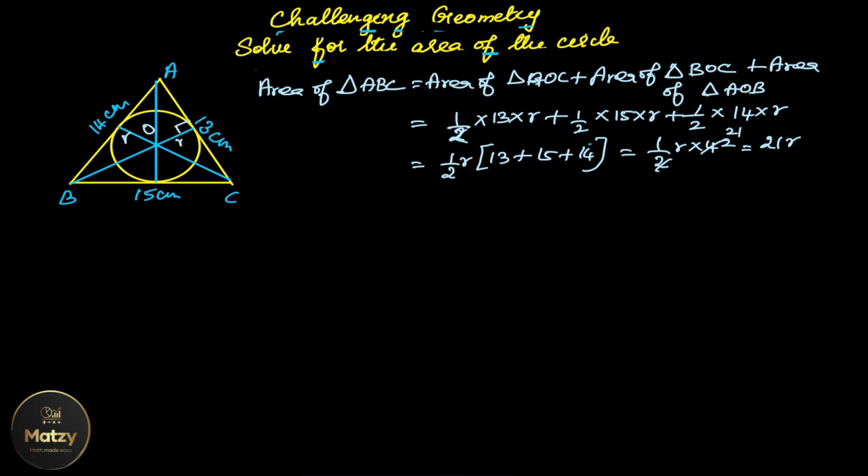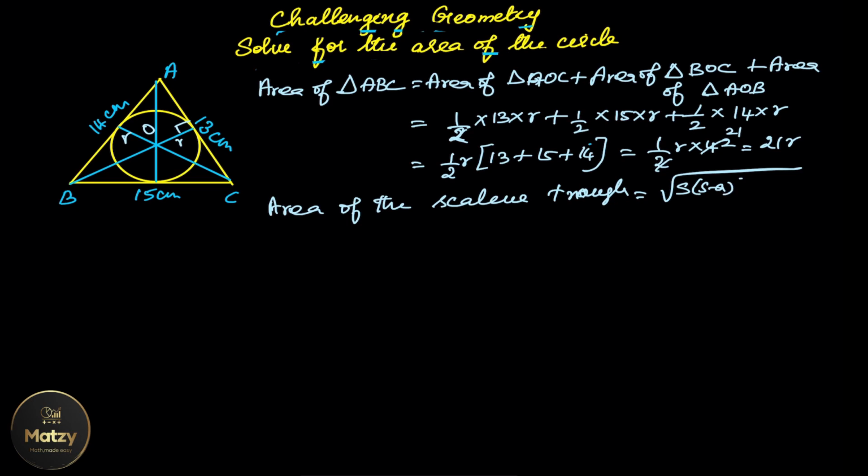How to find out the area of the scalene triangle ABC? Let us find the area of the full triangle because we have to find out the radius, no? Then we can equate both the areas and find out the radius. So area of the scalene triangle is square root of S into S minus A into S minus B into S minus C. Am I right?